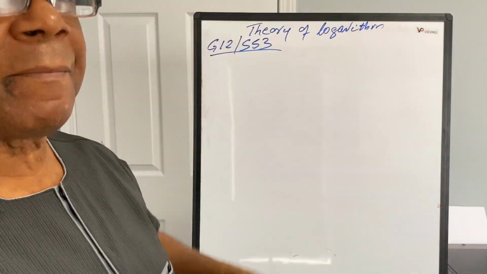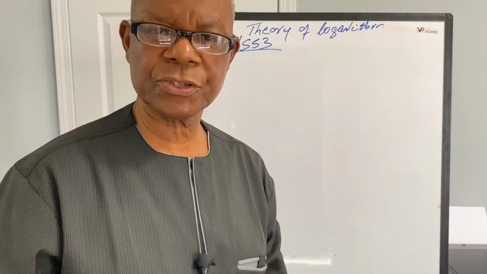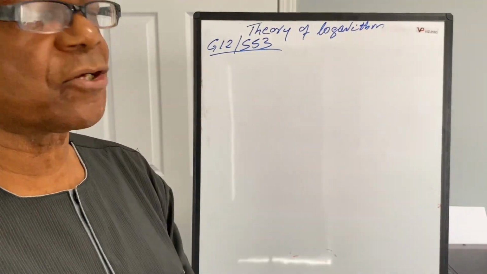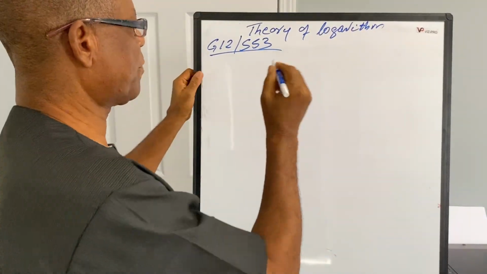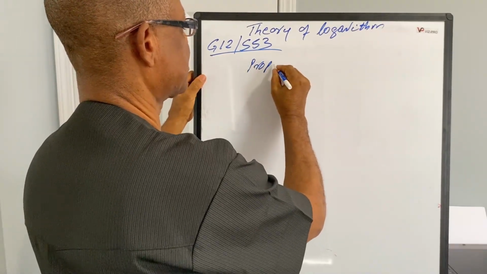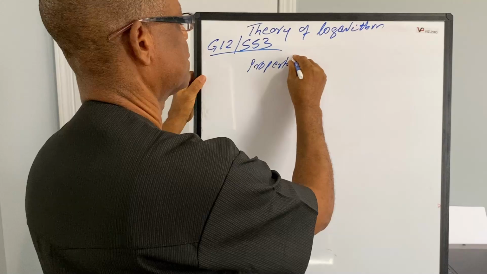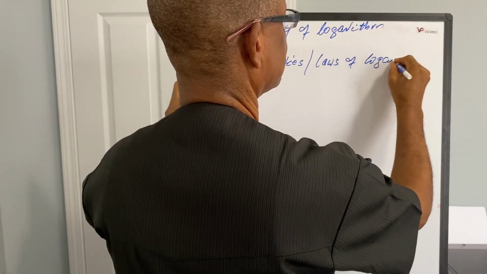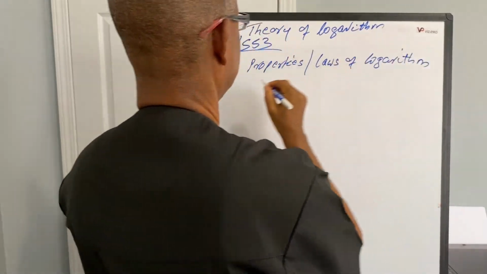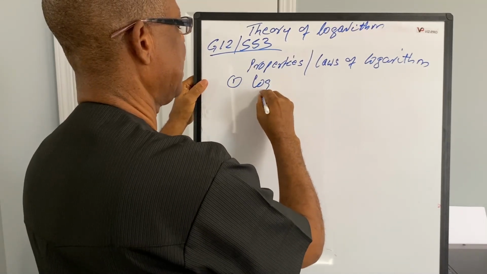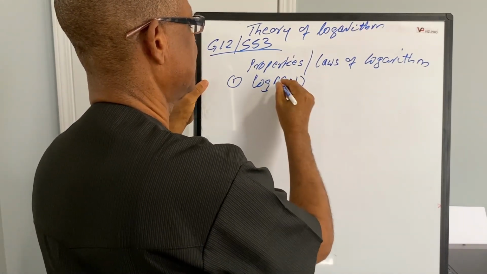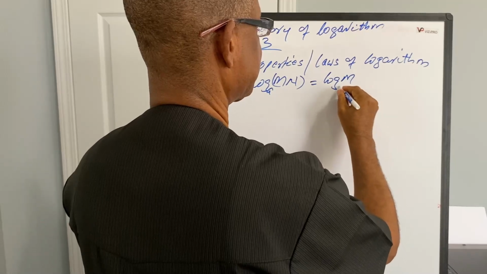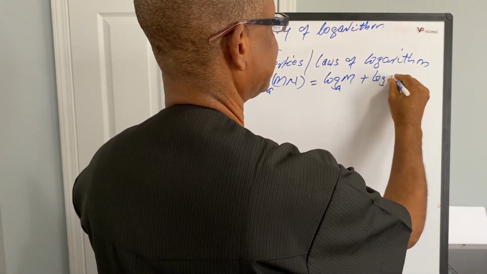You still remember the properties or laws of logarithm. I will put them down to refresh our memory because we are applying these laws as we solve this problem. One, log mn base a is equal to log m base a plus log n base a.